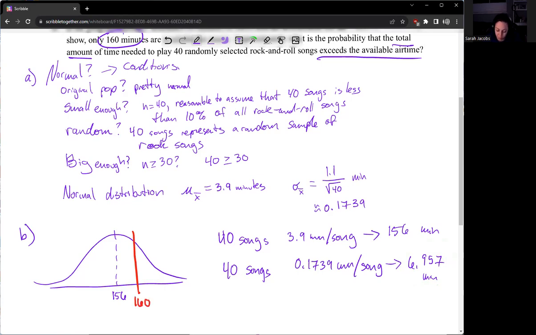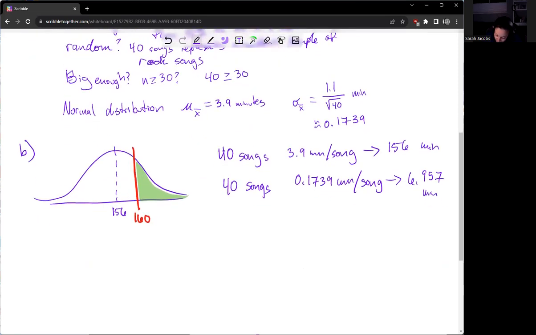And we want to know the probability that the amount of time needed to play 40 randomly selected songs exceeds the available airtime. Exceeds means we're going above. So that's going to be what's right here under that curve. Great. We have a normal curve. We have a mean, a standard deviation, a point of interest. Sounds a lot like normal CDF to me.